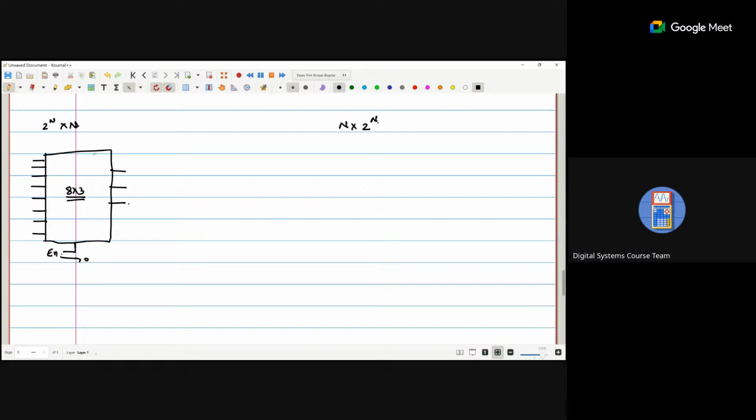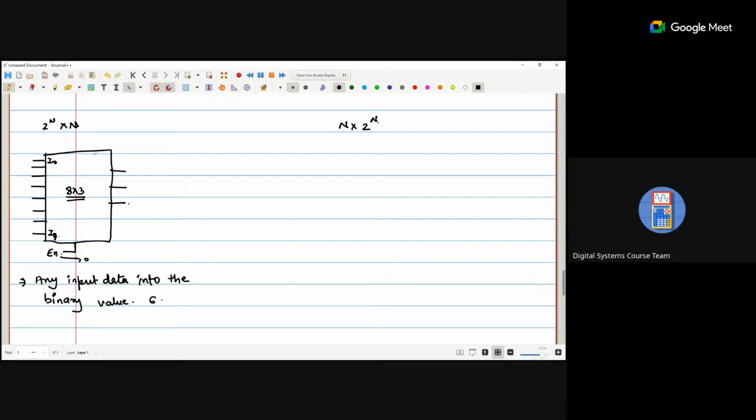This particular encoder is used to convert any input data into binary. Like for example, we have I0 to I7, and we don't know what the binary number of 6 is.